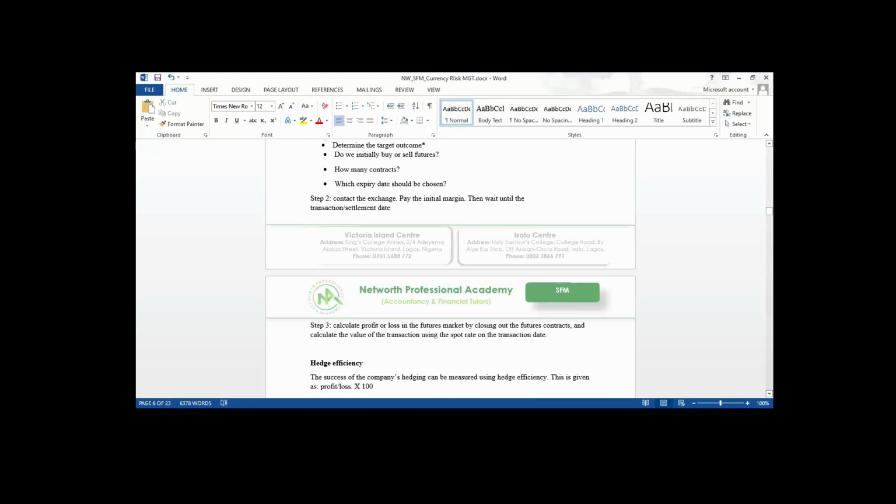Evaluating your hedge results requires opening futures price and closing futures price. To evaluate your hedge result, you require the opening futures price and the closing futures price.